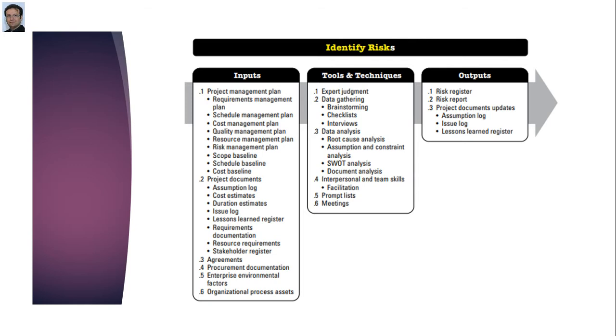As you can see, it's a huge list. What does it indicate? It indicates that you can only identify your risk when you complete all your management plans and all project documents as well.